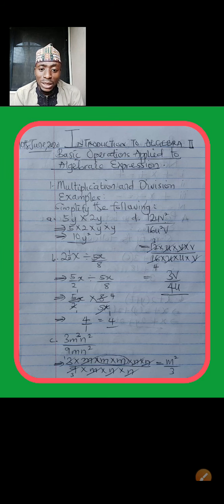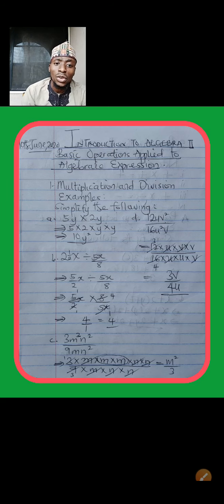You break that: 3 here, 1, 3 in 9, 3. So m and m will cancel. There's no other m that can cancel another m at the numerator, so you have to leave it like that. Then you cancel the n's. We have 2 n's there, so you cancel n and n. So we are having only 2 m's at the numerator and 1. So it will be m squared, or m times m, over the remaining number under, which is 3. So m squared over 3. That is how I got the answer.